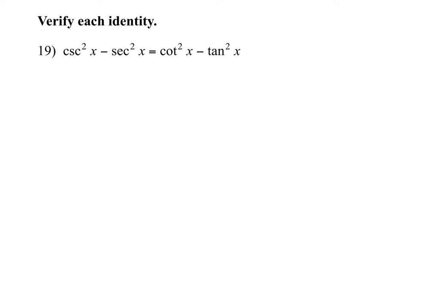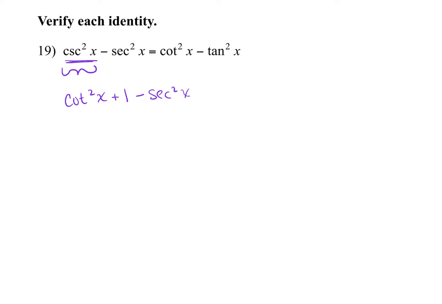It's only going to take a couple of steps. So if I were doing this, I would probably rewrite this guy. Cosecant squared, that is the same thing as cotangent squared plus 1, right? If I were using my Pythagorean identity. So I can just replace this guy with cotangent squared of x plus 1. And I have minus secant squared of x.